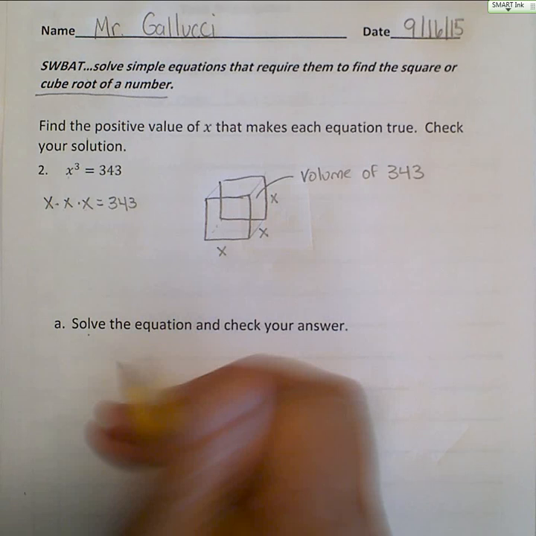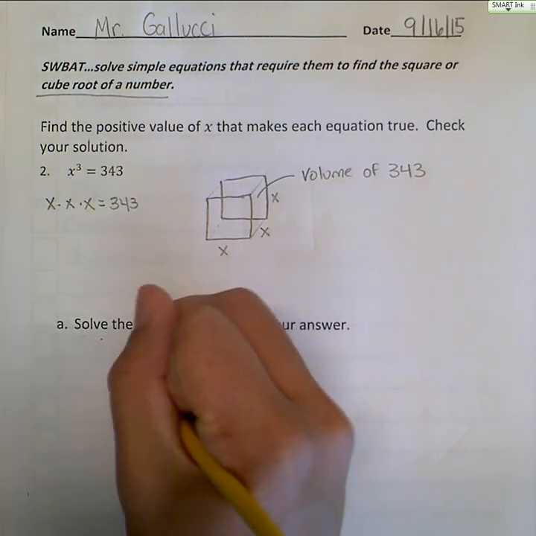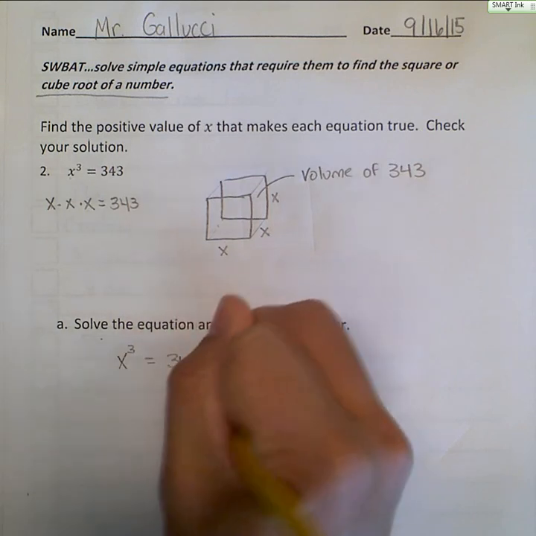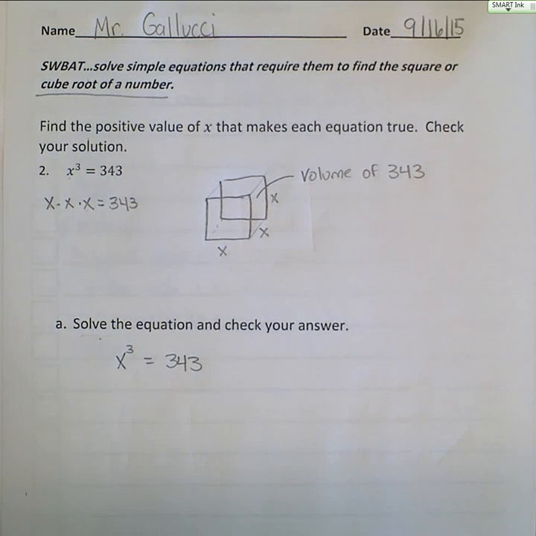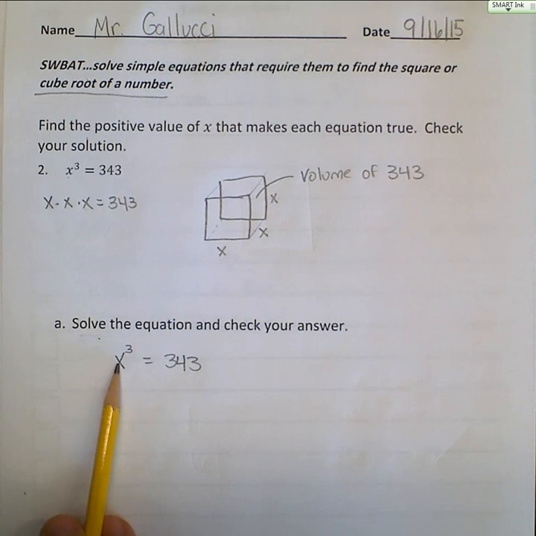Okay, so I'm going to now go to solve the equation. Again, my first direction here is to write down my equation. When you have an exponent of 3, we read that as x to the power of 3, or x cubed.